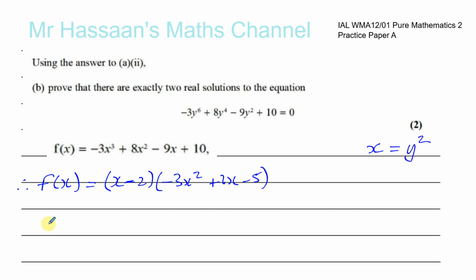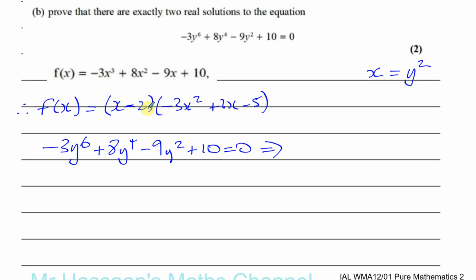So we can say that minus 3y to the power of 6 plus 8y to the power of 4 minus 9y squared plus 10 equals 0 can be written as basically this, where x has been y squared. If you were to solve this equation, you want to show that there are exactly two real solutions to the equation.